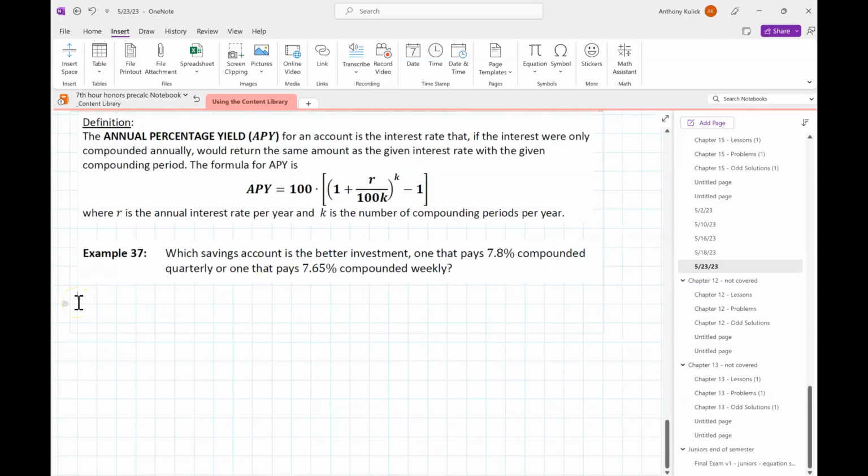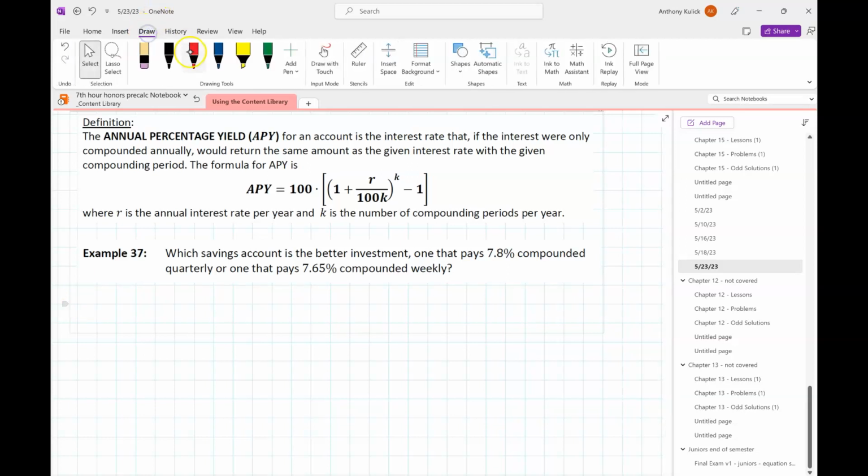So let's do this as an example. So we have two opportunities. One where things are compounded quarterly, and another where they're compounded weekly. And we're asked to decide which one is best.